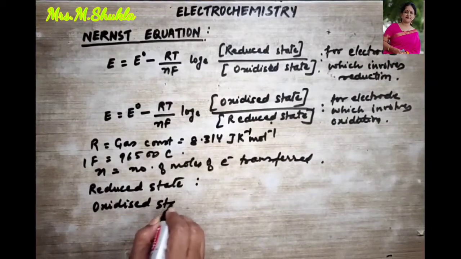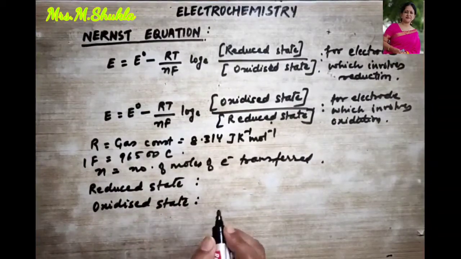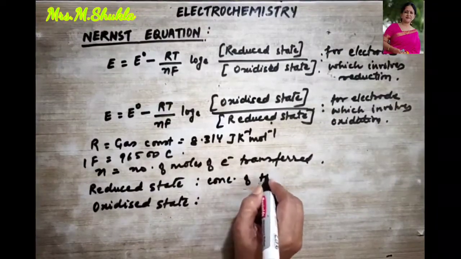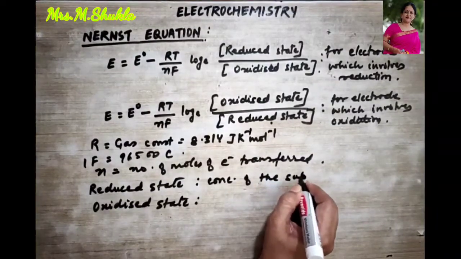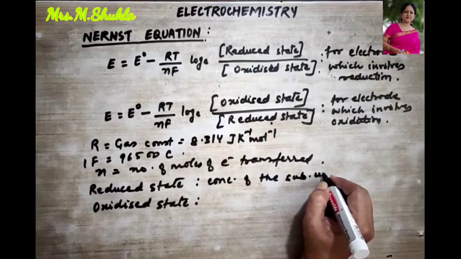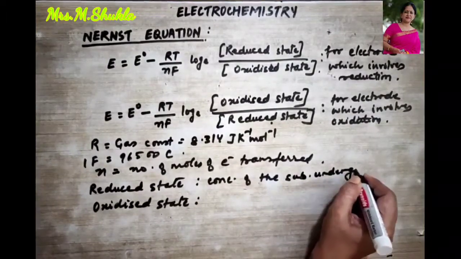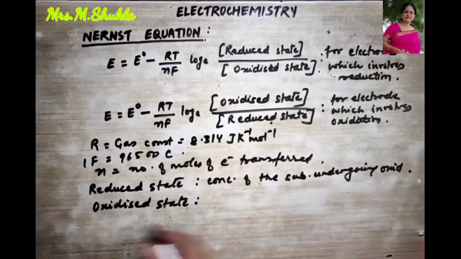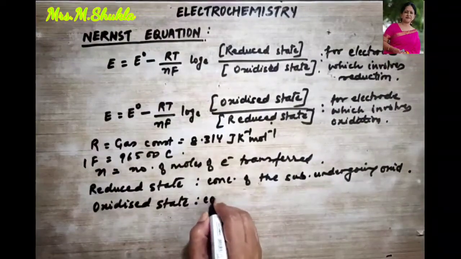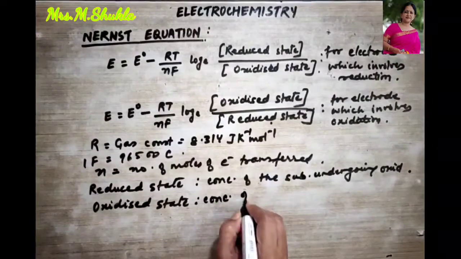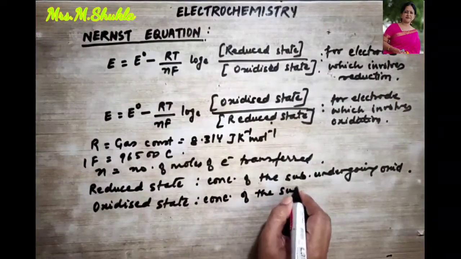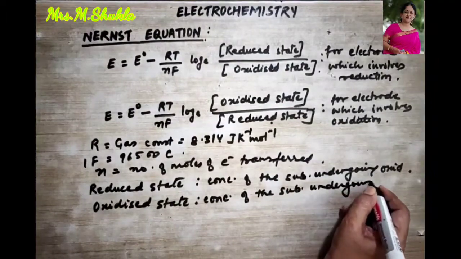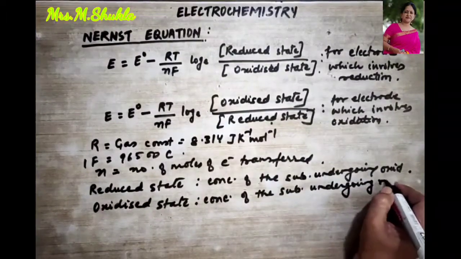What do they mean? So reduced state means the concentration of the substance undergoing oxidation, right? And oxidized state means concentration of the substance undergoing reduction.